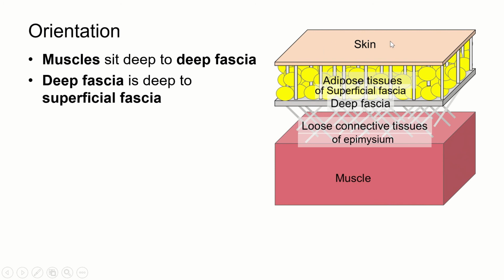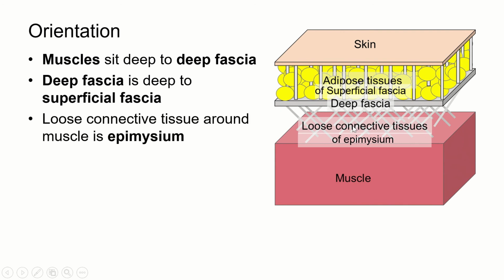So you remember when we learned the skin, we learned about that subcutaneous layer or the hypodermis, and I said it's not really part of the integument, but it's not really part of anything else. That's okay. It's this padded layer with adipose and areolar connective tissue that sits between the skin and the deep fascia. And then the deep fascia has another layer called the epimysium that connects it to the muscle.